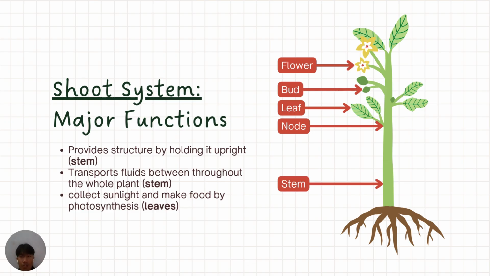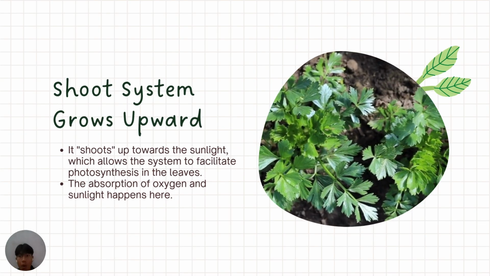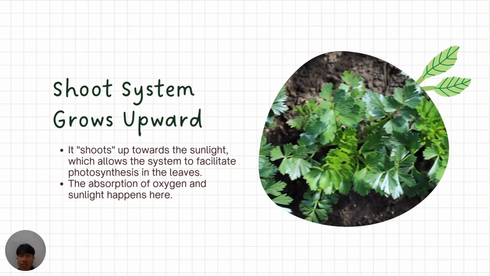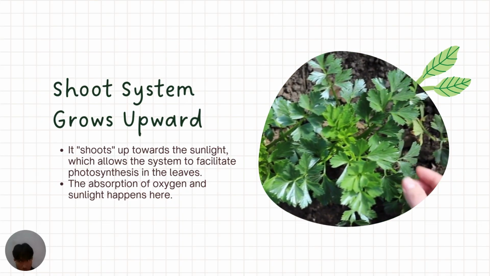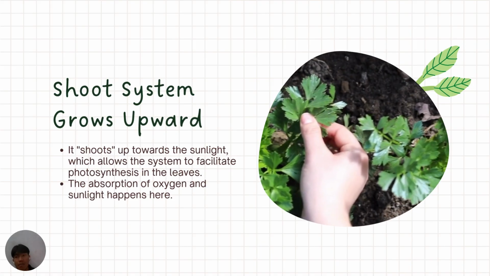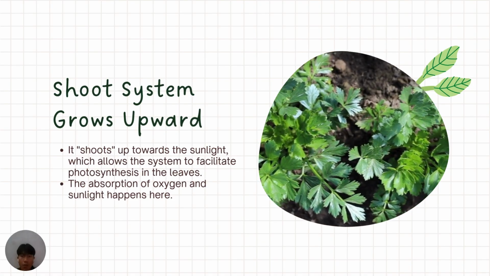Let's look at the shoot system in detail. As you can see in this diagram, it consists of several parts including the flower, bud, leaf, node, and stem. All of these parts above the ground work together. So, what does the shoot system actually do? It has three major functions. 1.